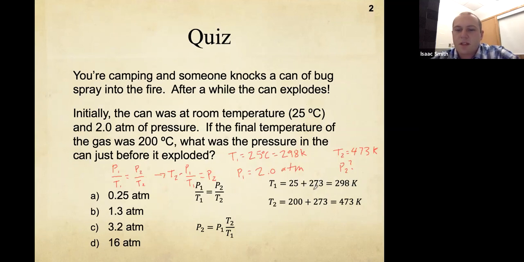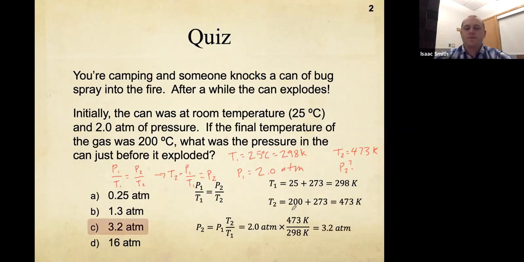So generally just leave it off. Okay. I'm just going to plug those numbers into the equation and solve for the final pressure. Hopefully that's pretty straightforward.